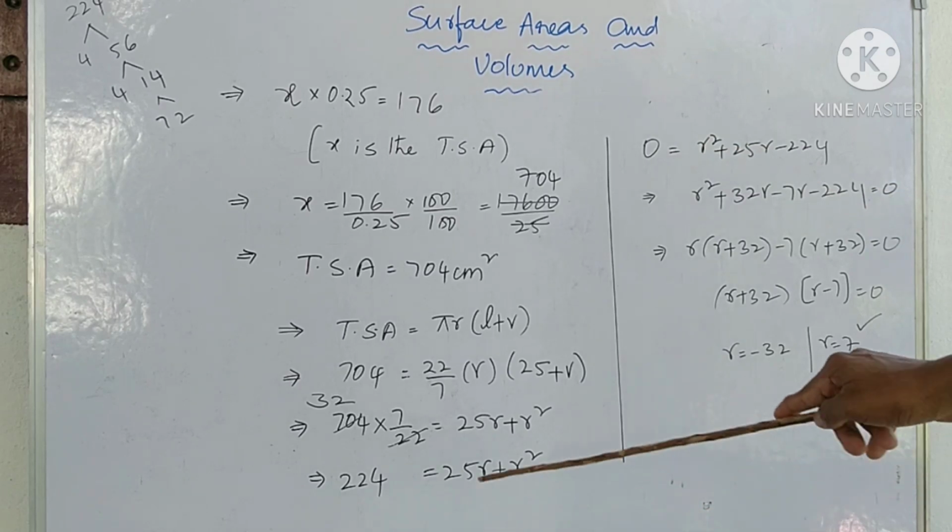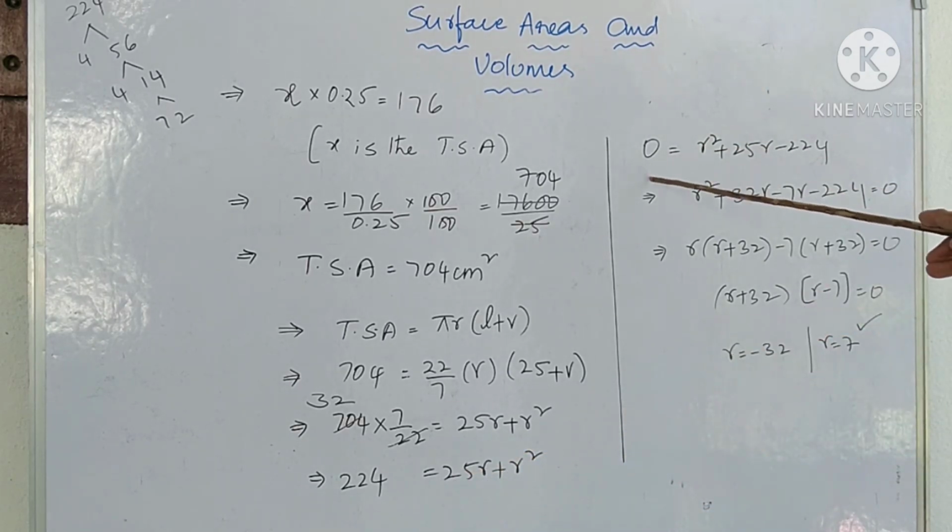Transposing this 224, 0 equals r square plus 25r minus 224. The factors of 224 are 32 and 7. So r square plus 32r minus 7r minus 224 equals 0. Here r is common, remaining terms are r plus 32.